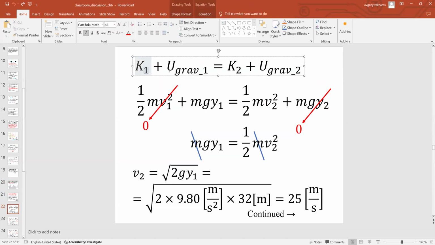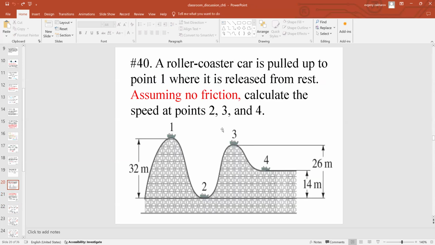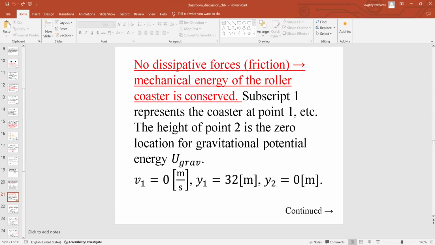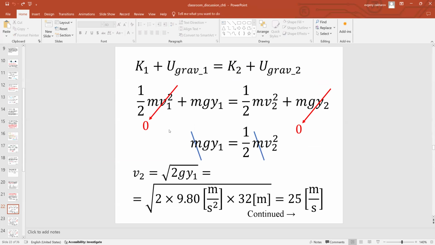So K1, U1, K2, U2. K1 is 0. Why is that 0? Because we start from 0. That's what it says. It's given that at point 1, velocity is 0, so kinetic energy is just 0. And it's all gravitational potential.